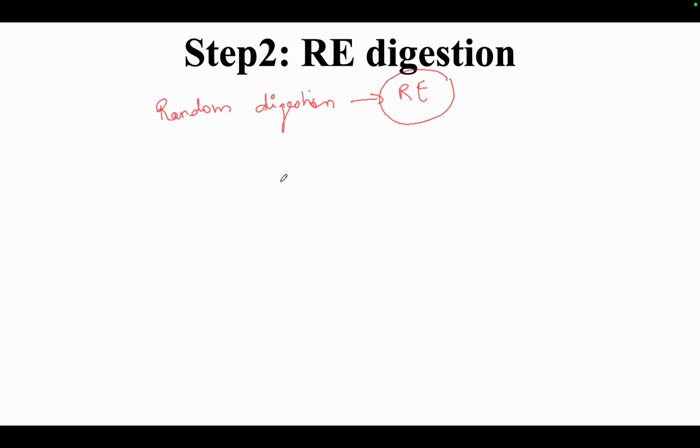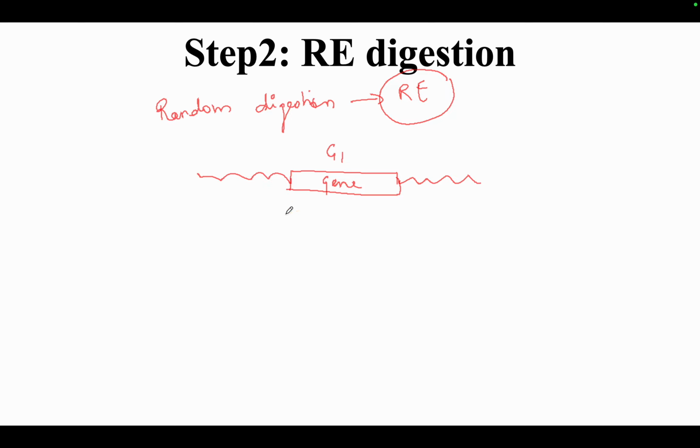The criterion to select the restriction enzyme is that we should have at least one gene fragment along with other flanking regions. Otherwise it will defeat the purpose of RE digestion if it digests the whole genome.